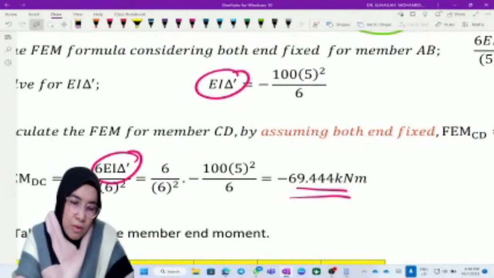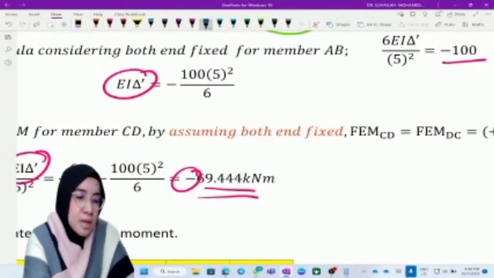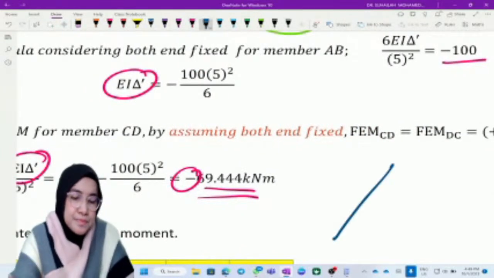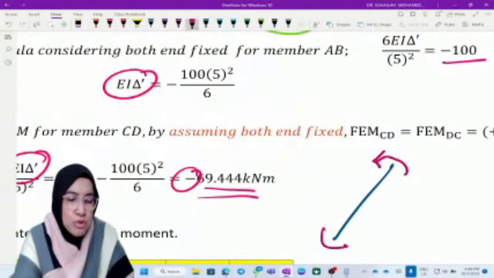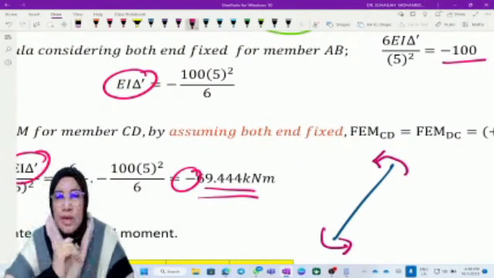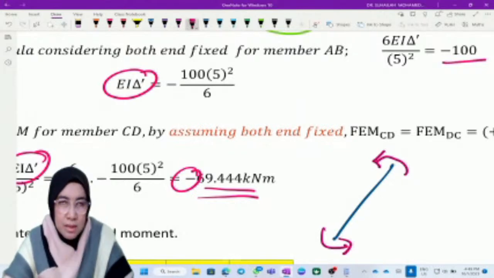69.444. Why is it negative? Because after sidesway the column is like this, and we apply a moment to push it back to the vertical, straight position, not horizontal. So we have to check this.